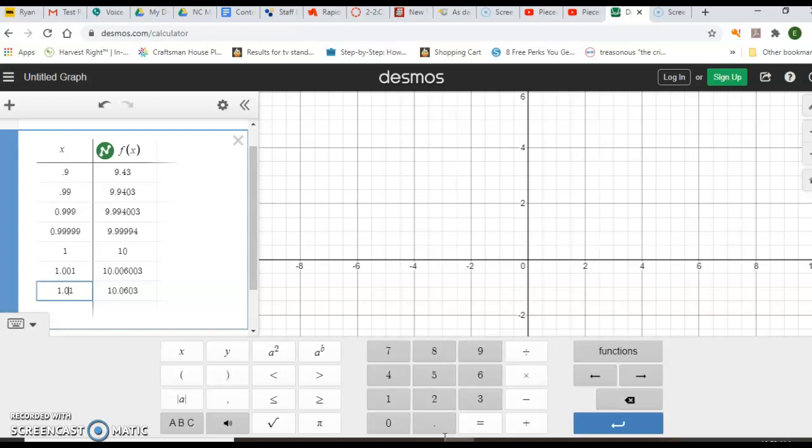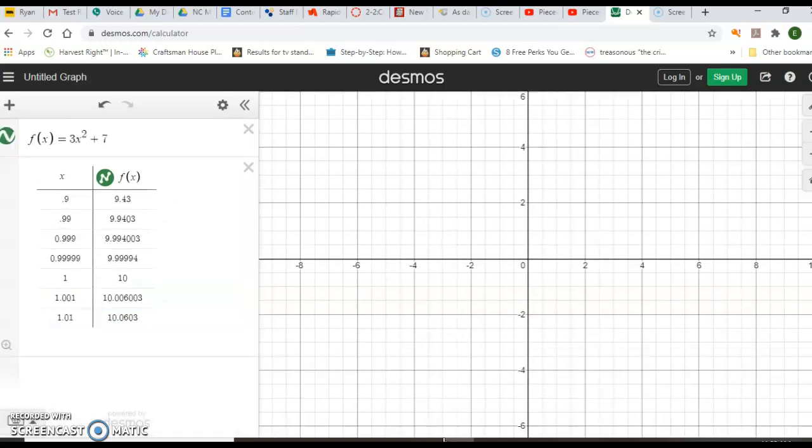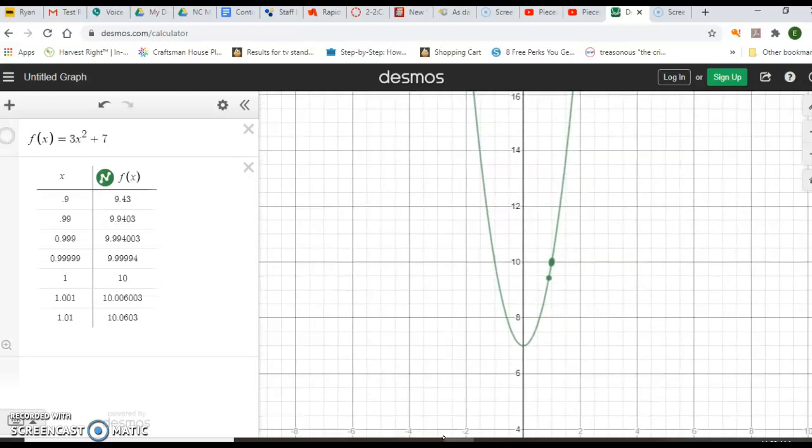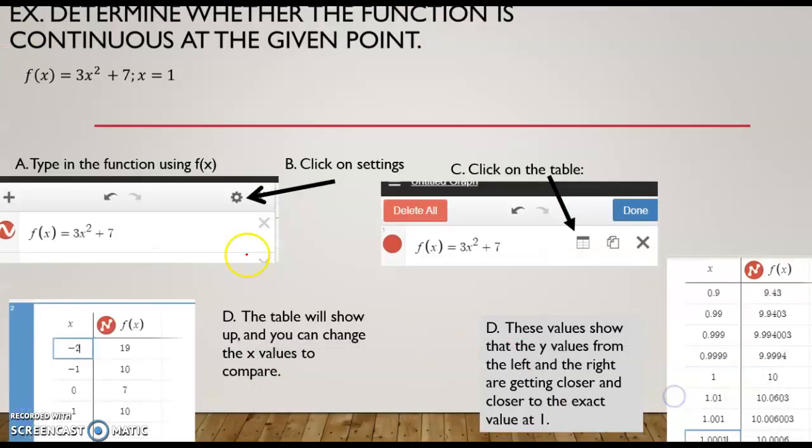So you can do it on both sides using Desmos. Don't have to so much. It is up here, and you can see at 1 it is continuous. You're going to be hitting the same point from the left and right side, so you can see it from the graph. But that's how they have you prove it.